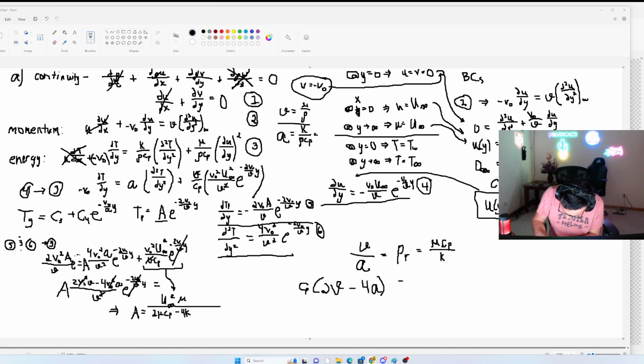I gotta write this out because it helps a little bit too. 2 viscosity minus 4 alpha over viscosity squared equals U infinity squared over CP.